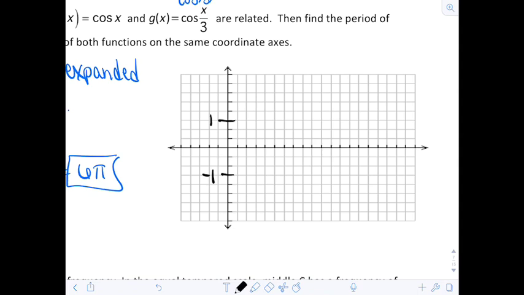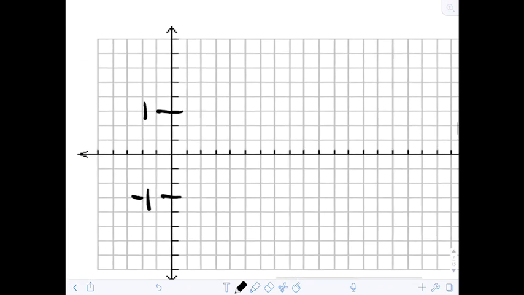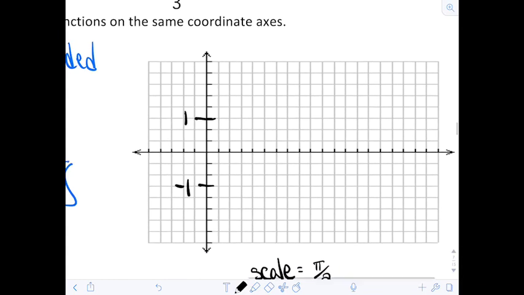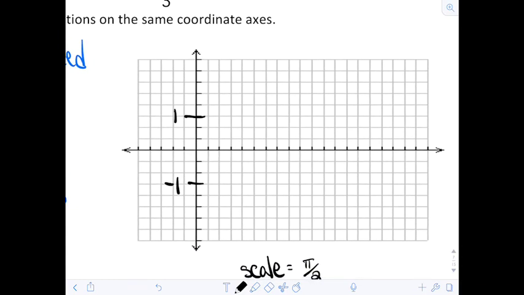So my scale for this one, because I have to make it to 6 pi, I'm actually going to go by pi over 2. So every tick mark will be pi over 2, but I'm only going to label, again, every other one. And I just need to label one cycle, and that needs to go all the way out to 6 pi for g of x.